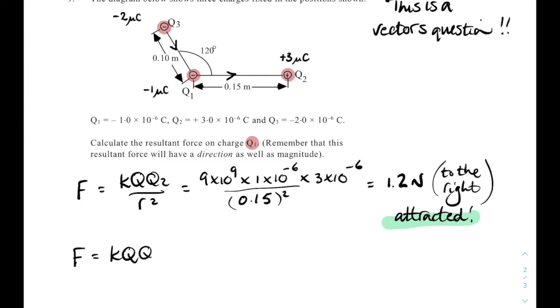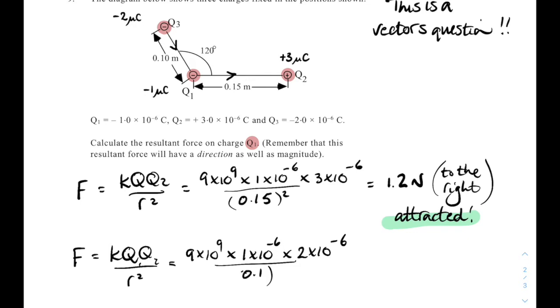If we work out the second force between Q3 and Q1, same equation, 9 times 10 to the 9. Our charges this time, Q1 is still 1 times 10 to the minus 6, Q3 is 2 times 10 to the minus 6. And the distance between them is 0.1 metres. Don't forget to square it.